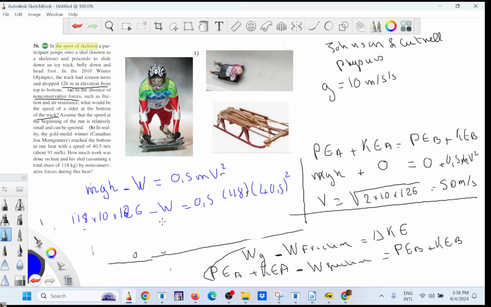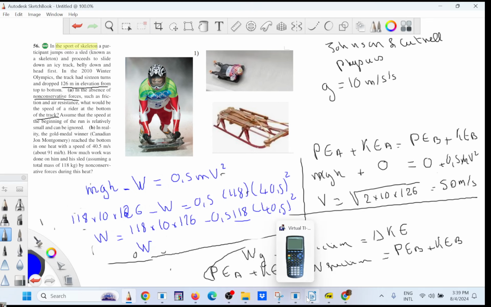Okay? So you can solve for the work done. So that will be 118 times 10 times 126 minus 0.5 times 118 times 40.5 squared. Okay, so you can factor out whatever.